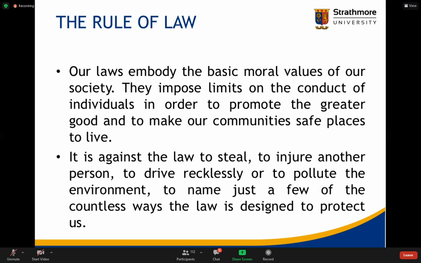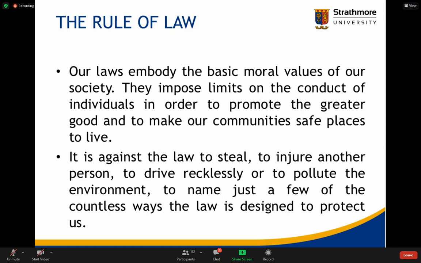There are certain laws that are very regressive and they take advantage of the common mwananchi. But on the larger part, laws protect us from criminal conduct. They're supposed to create an orderly society. They're supposed to even protect those who are weak from those who are strong, and to control government power, to prevent absolutism.